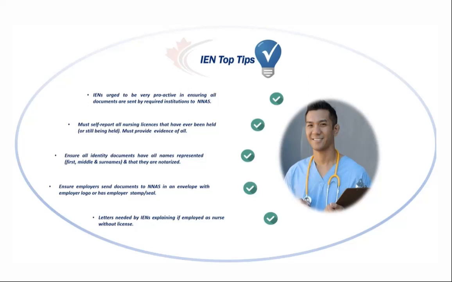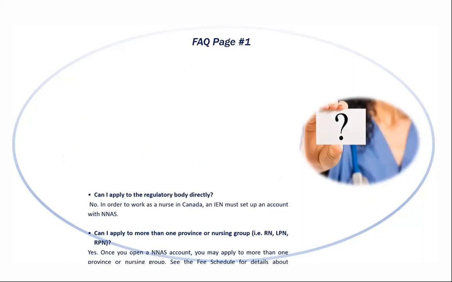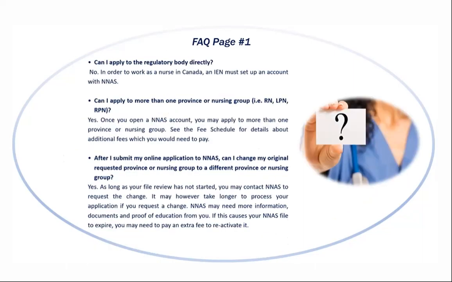You want to make sure that the employer sends a letter that explains that you're permitted to practice in that jurisdiction without a registration, and they give the explanation. Oftentimes you begin employment prior to registration being issued in that jurisdiction. Again, a letter explaining that you were able to begin practice prior to registration, because these are all discrepancies that we come across when evaluating the documents.